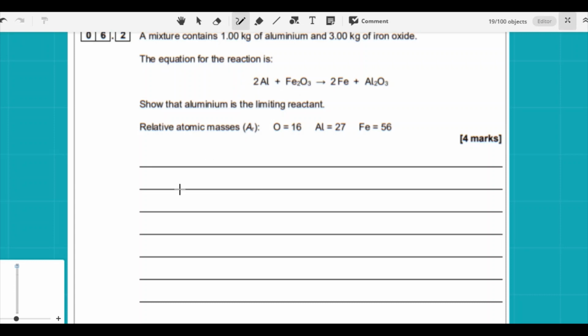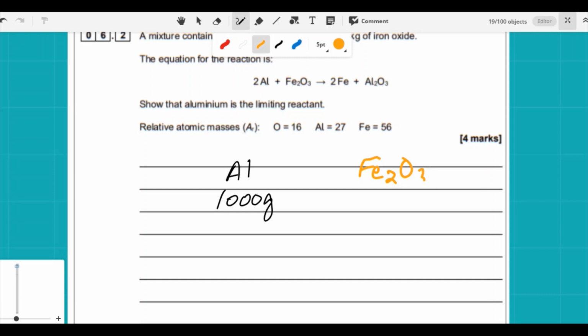First of all, the mass of aluminum is 1.0 kilograms, so you have to convert it into grams, so that is 1000 grams, while the iron oxide is 3000 grams, because here it is 3 kg.